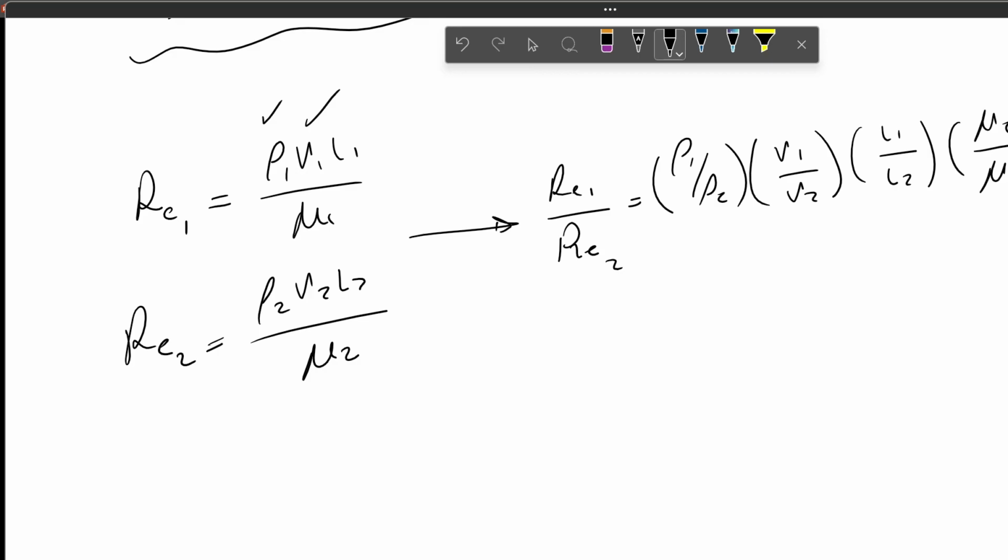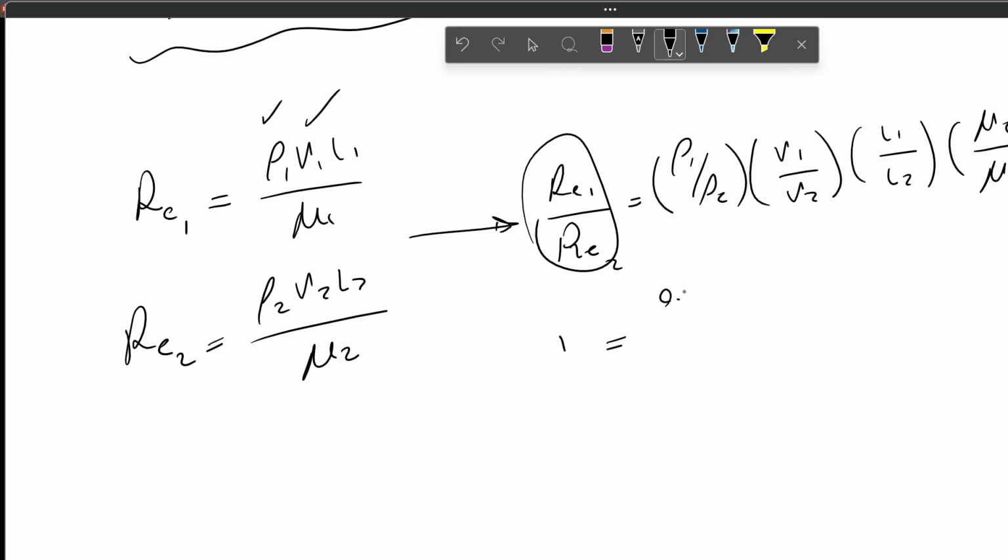Does it make sense? For these two flows to be dynamically similar, the Reynolds numbers have to be equal. So this side of the equation has to become 1.